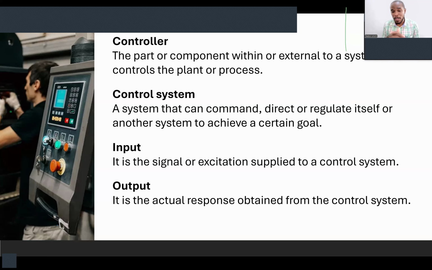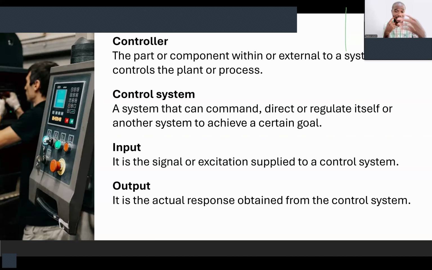Is that okay? So your output is the actual response that is obtained from the control system, when the control system has acted on the input. Are we together? Yes, sir.